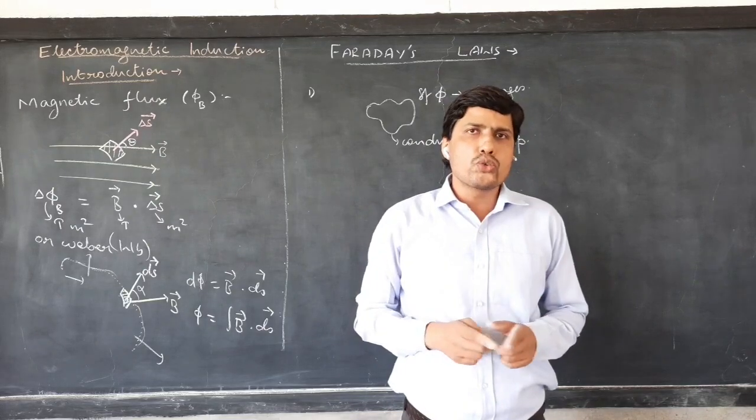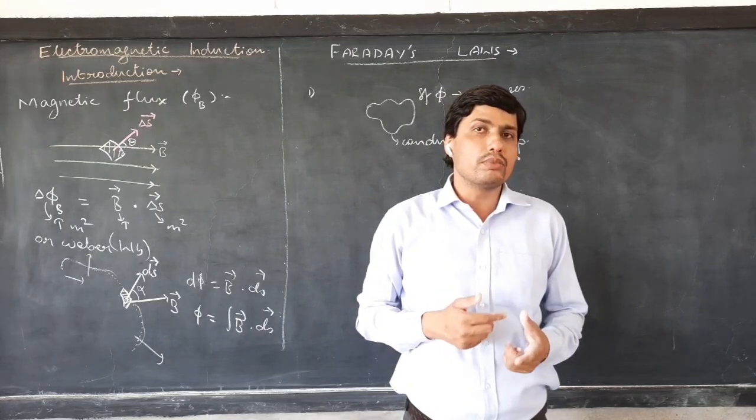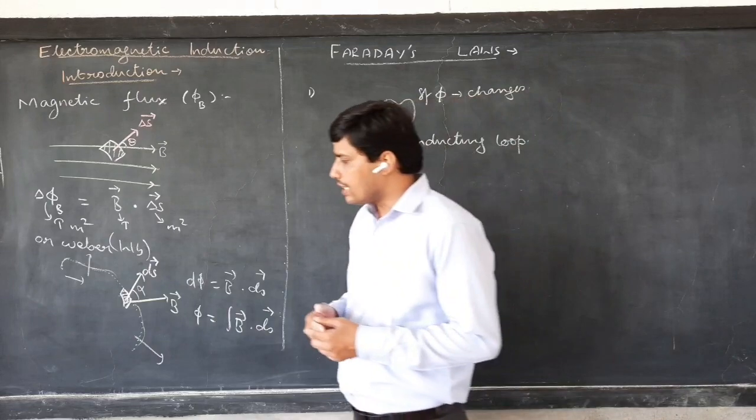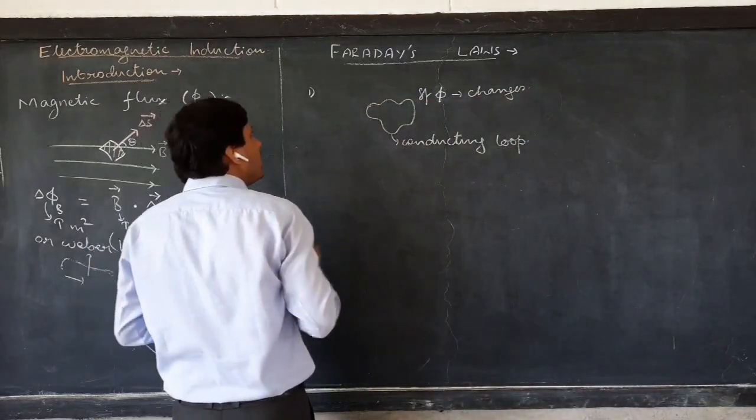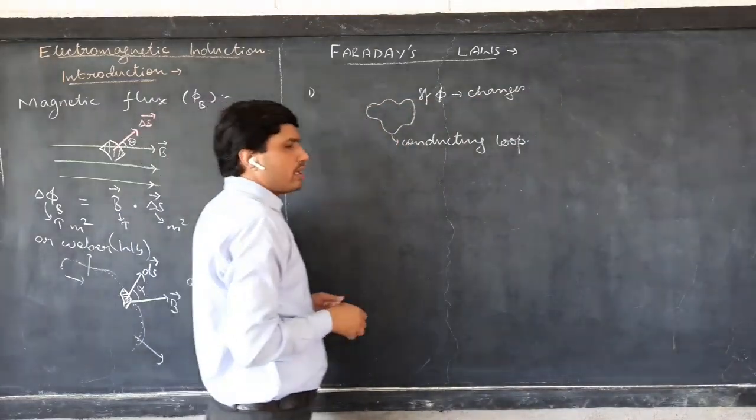And if it is a closed loop or closed conductor, then we can find some current also in that. That current we will call induced current. And this phenomenon is called electromagnetic induction.